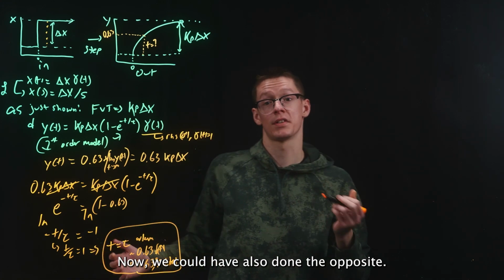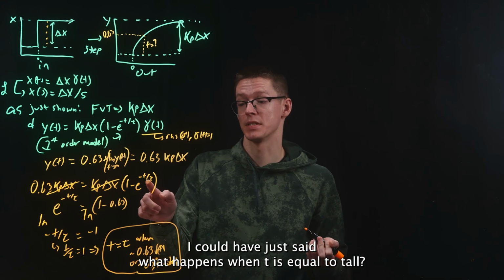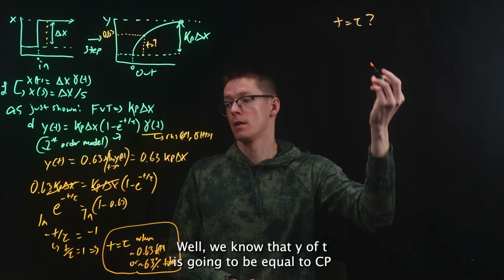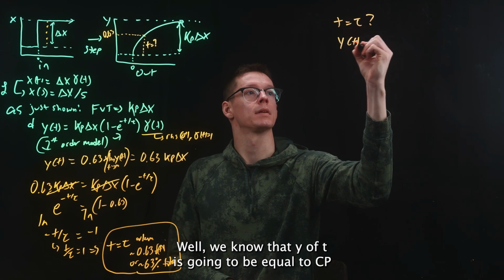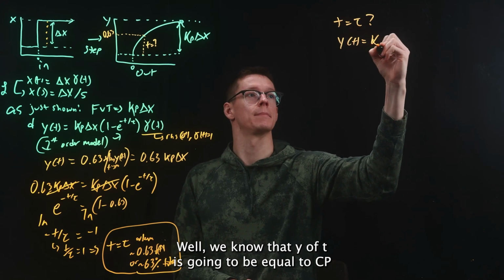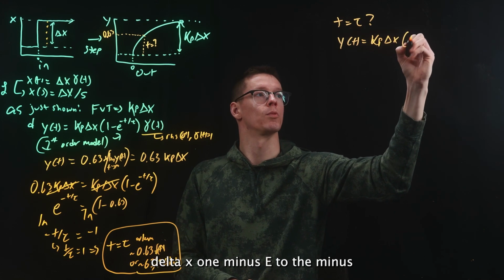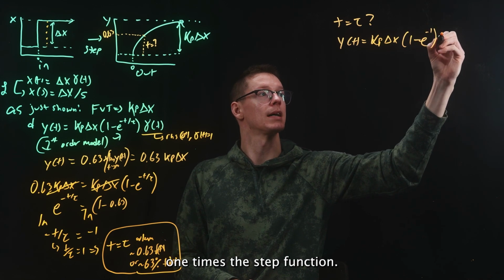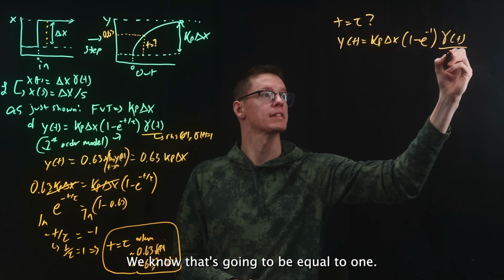Now, we could have also done the opposite. I could have just said, what happens when t is equal to tau? What do we get? Well, we know that y of t is going to be equal to Kp delta x times 1 minus e to the minus 1 times the step function. We know that's still equal to 1.